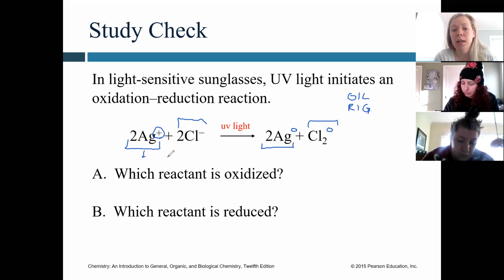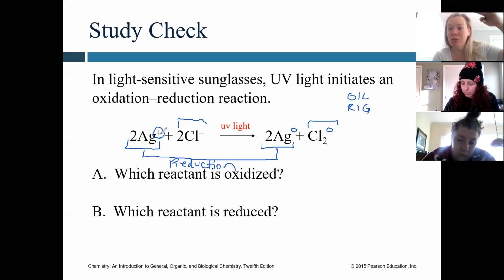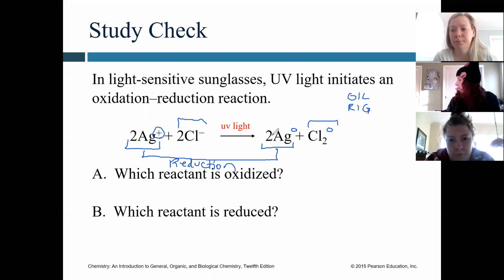But if we are starting positive and we go to neutral, that means that we had to eat an electron, right? Or we had to gain an electron. So this would be reduction. Because if we're positive, we're kind of above the neutral line. I need to have something negative to get me back to the neutral line.